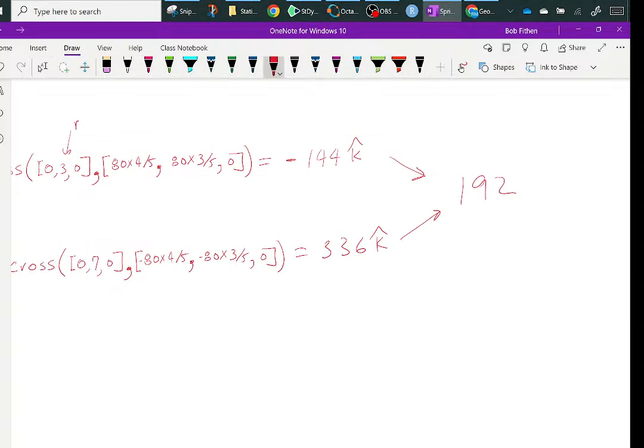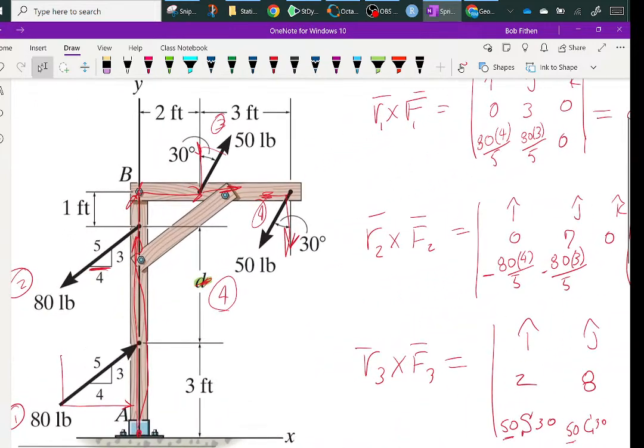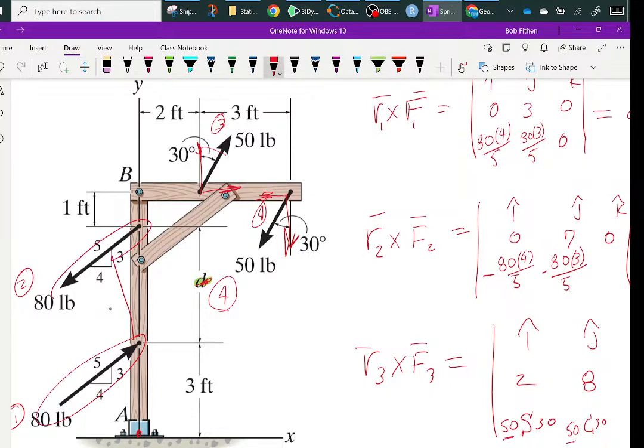Okay, so now let's kind of look at this thing. There's two ways we can look at this, okay? If we're doing a cross product, I mean a couple, obviously the couple is, this one's going one way, and this one's a certain distance, and it's going another way. But what you really have to do is find the perpendicular distance between them.